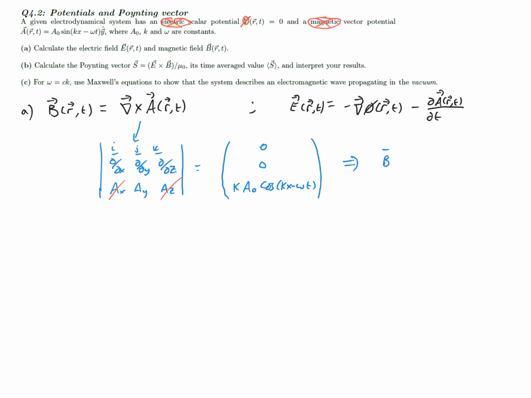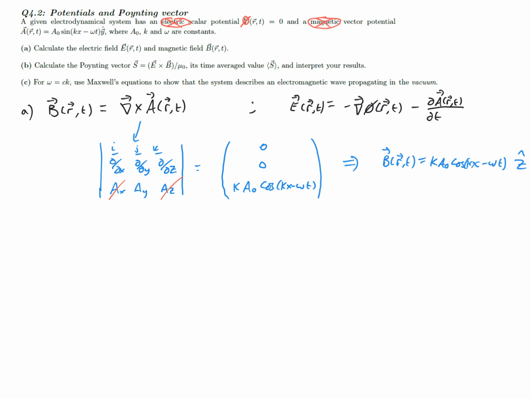Or put another way, B is k A naught cos of (kx minus omega t) in the z hat direction. What about the electric field? Well, we are told in the question that the scalar potential is equal to 0, so this first term here doesn't contribute.